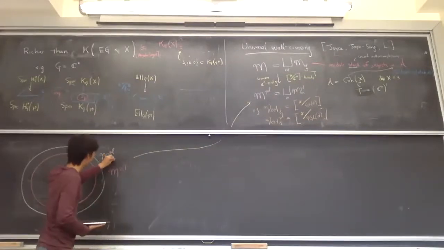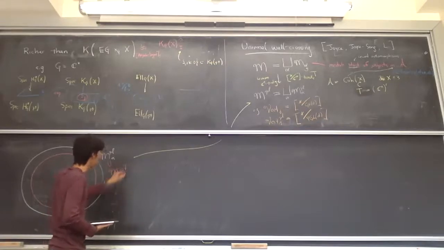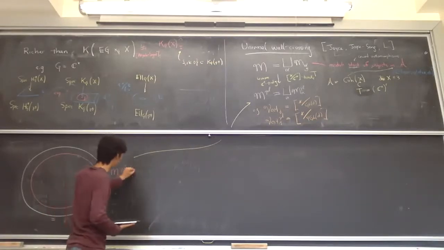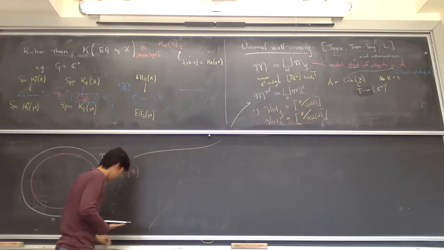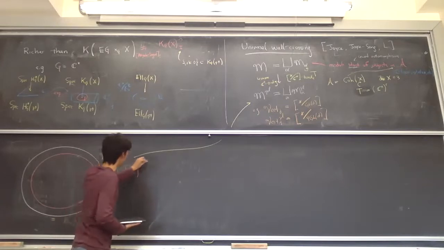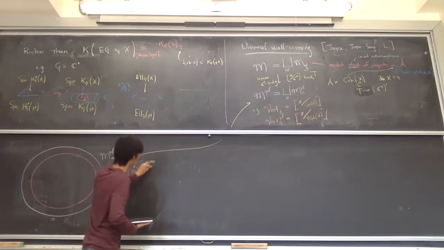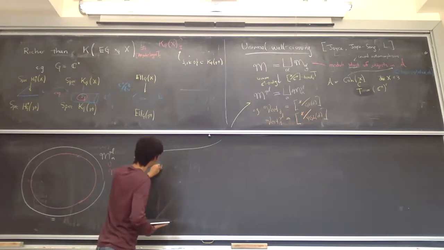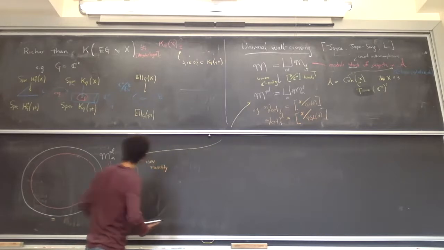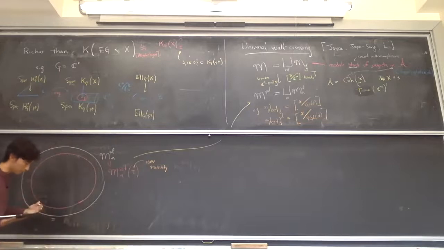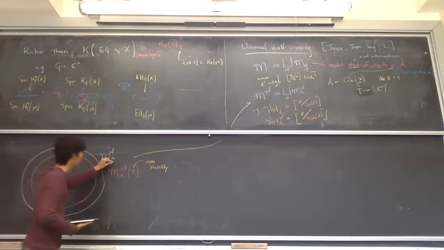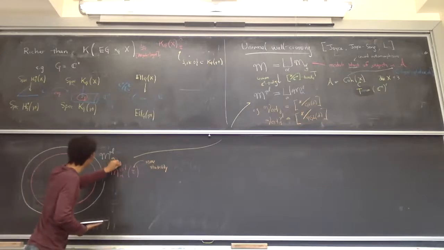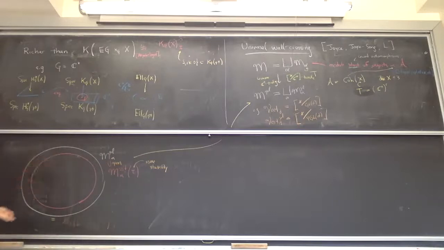So we'll fix the K-theory class of our sheaf. And we'll take the semi-stable locus with respect to some stability condition tau. And we'll assume that the semi-stable locus is an open locus. So this red circle is almost the same as the white circle.